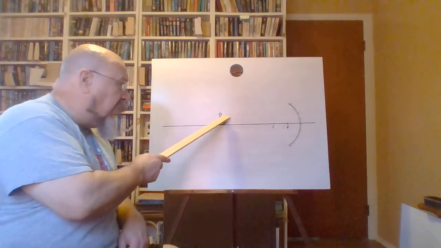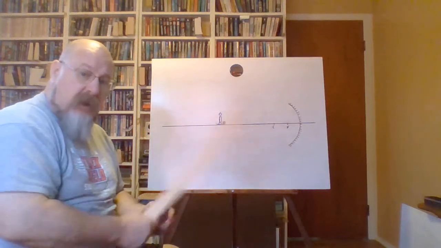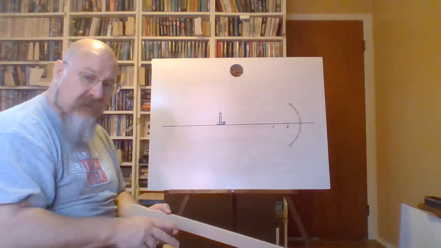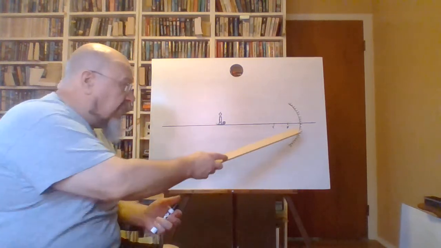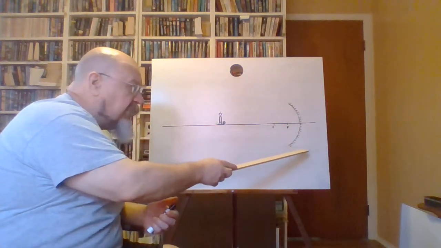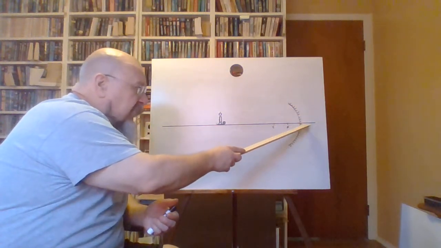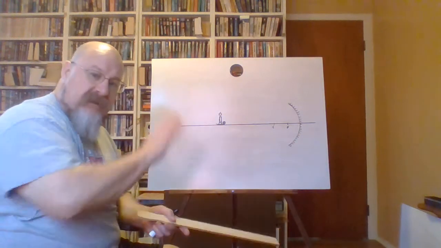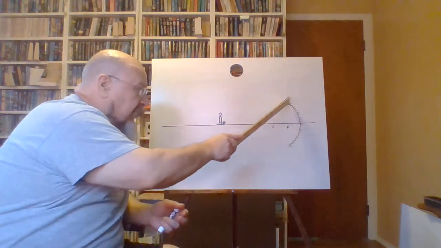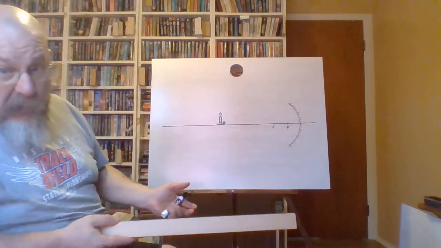So, from any given point on the candle, at least 2 rays of importance are coming out from it and interacting with the mirror. This is a spherical concave mirror. The dashed lines on the back side of it represent the side that's not reflective. So the front side here, the inside of the bowl, if you will, is the reflective side.